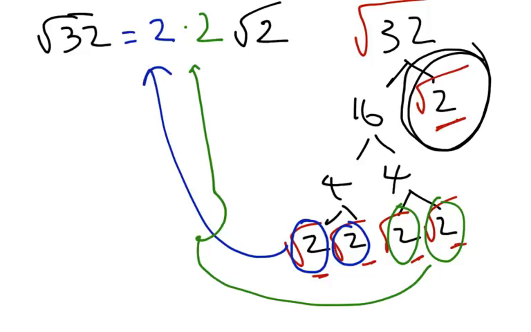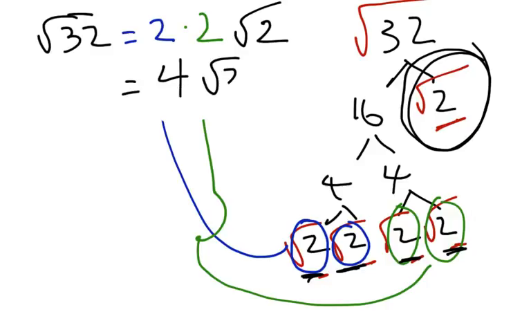So again, you break the number. For every 2 of the same number that is inside the radical, 1 comes out. Whatever numbers come out, they're going to be multiplying on the outside. So you're going to have 2 times 2 is 4 square root 2, which is your final answer.